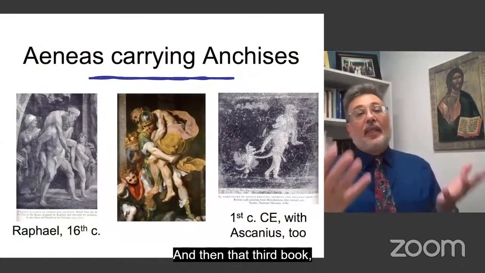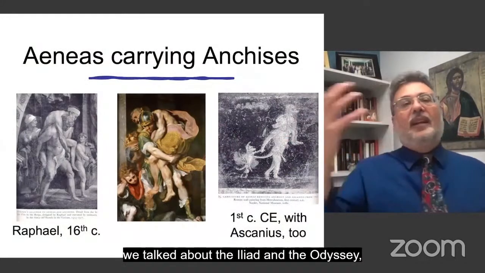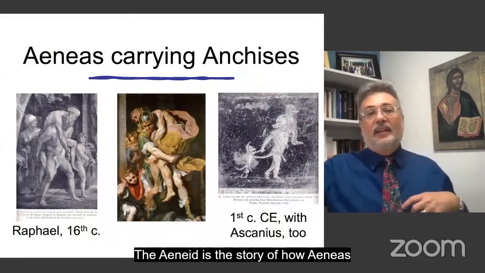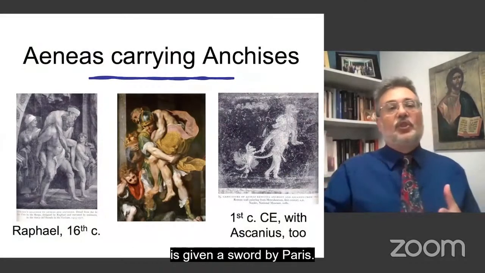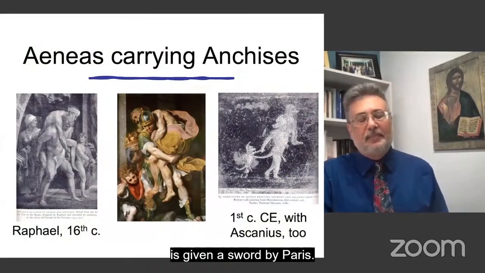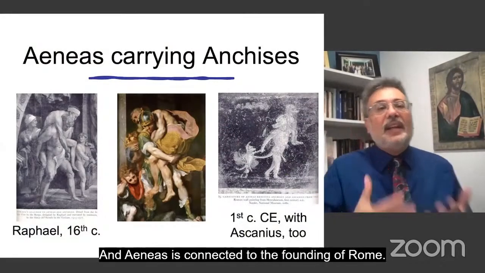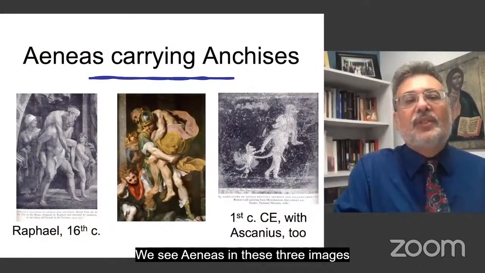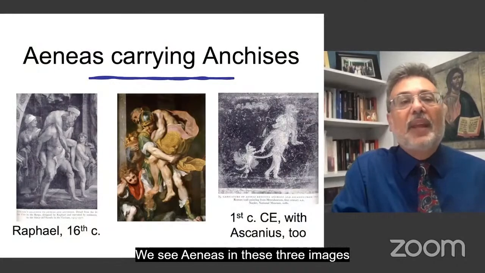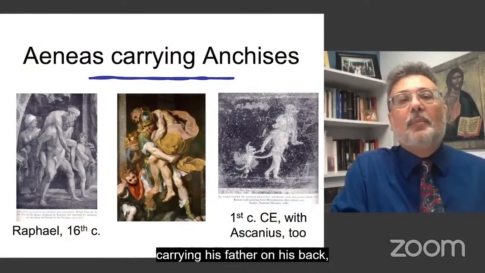And then that third book, we talked about the Iliad and the Odyssey, and now the Aeneid. The Aeneid is the story of how Aeneas is given a sword by Paris, and Aeneas is connected to the founding of Rome. We see Aeneas in these three images carrying his father on his back.